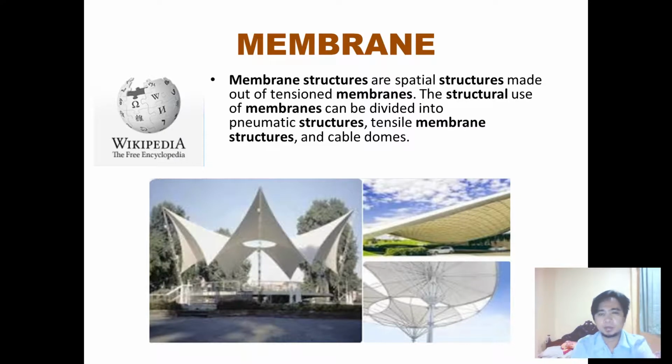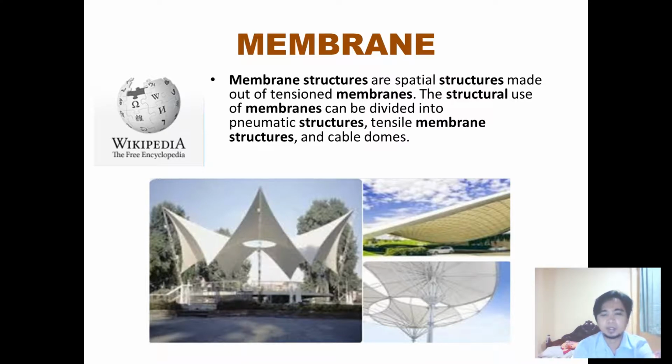Okay, so let us now proceed to membrane. Membrane structures are spatial structures made out of tension membranes. The use of membranes can be divided into pneumatic structures, tensile membrane structures, and cable domes.